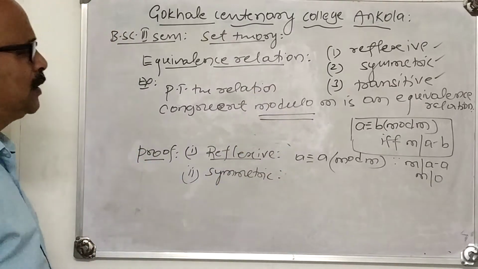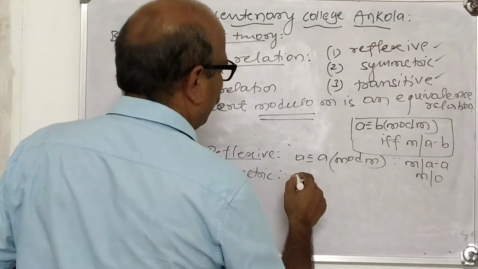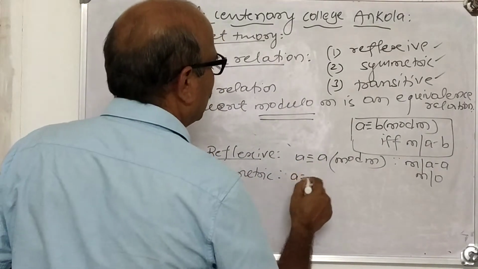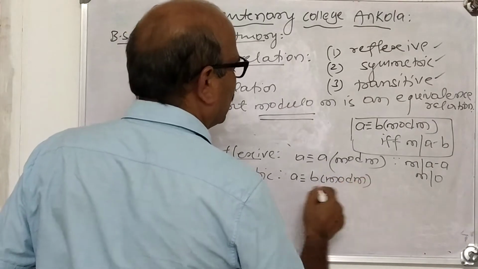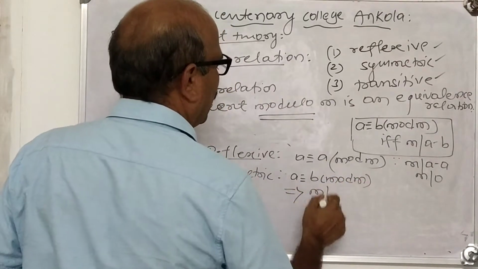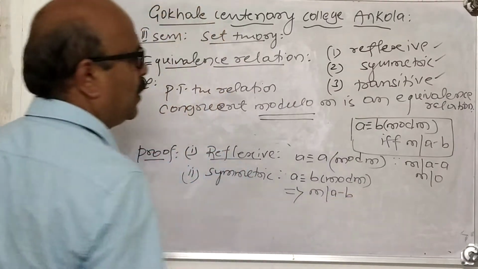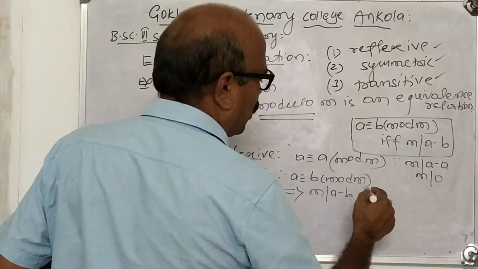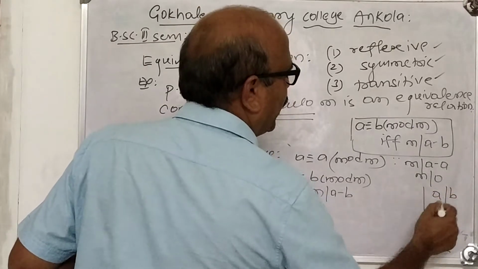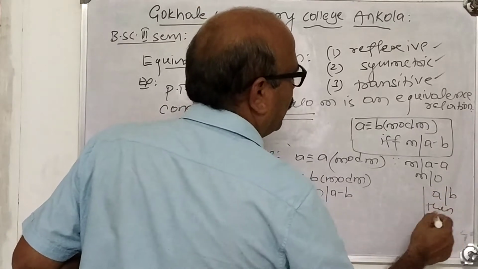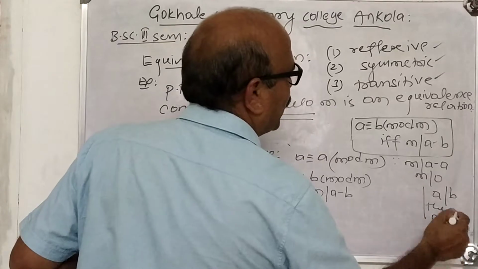Secondly, this relation is symmetric. Symmetric means suppose a is congruent to b mod m. What does this imply? m divides a minus b. Now we use a property of divisibility: if a divides b, then a divides minus b.